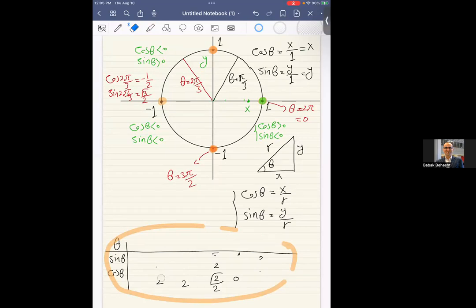So complete this chart with these values. Theta: 2 pi over 3, 3 pi over 4, 5 pi over 6, 7 pi over 6.